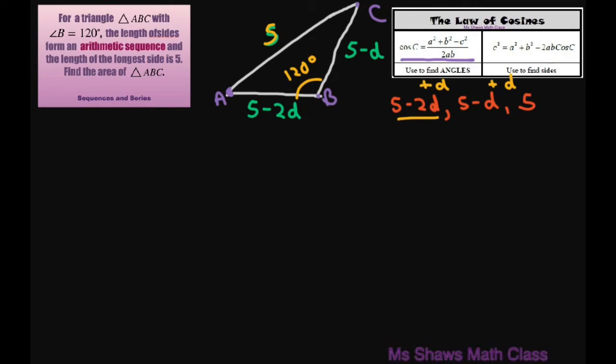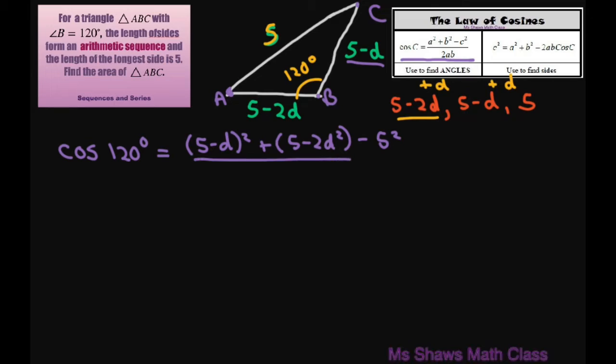That's going to give me cosine of 120 degrees equals, using my formula, A is going to be your smallest, so you're going to do (5 minus d) squared, plus (5 minus 2d) squared, minus 5 squared, divided by 2 times (5 minus d) times (5 minus 2d).